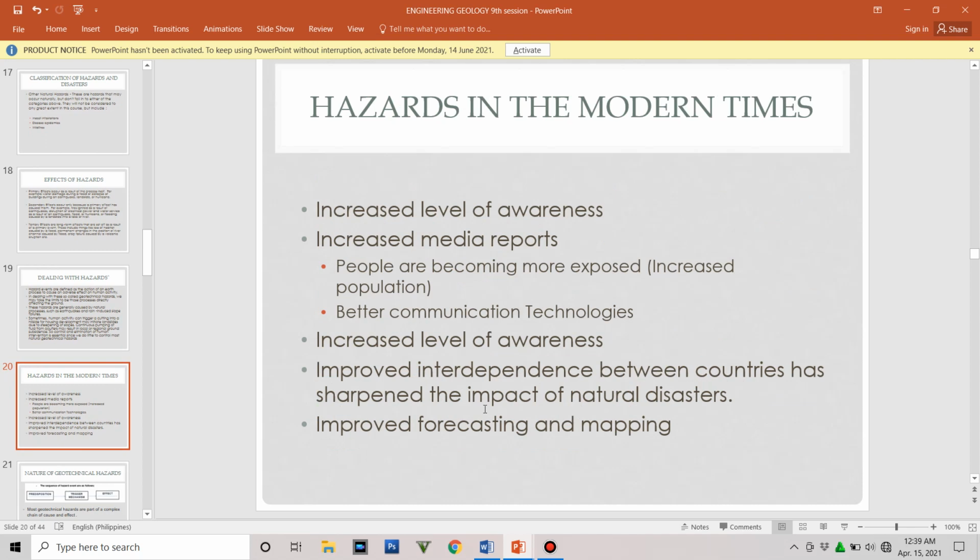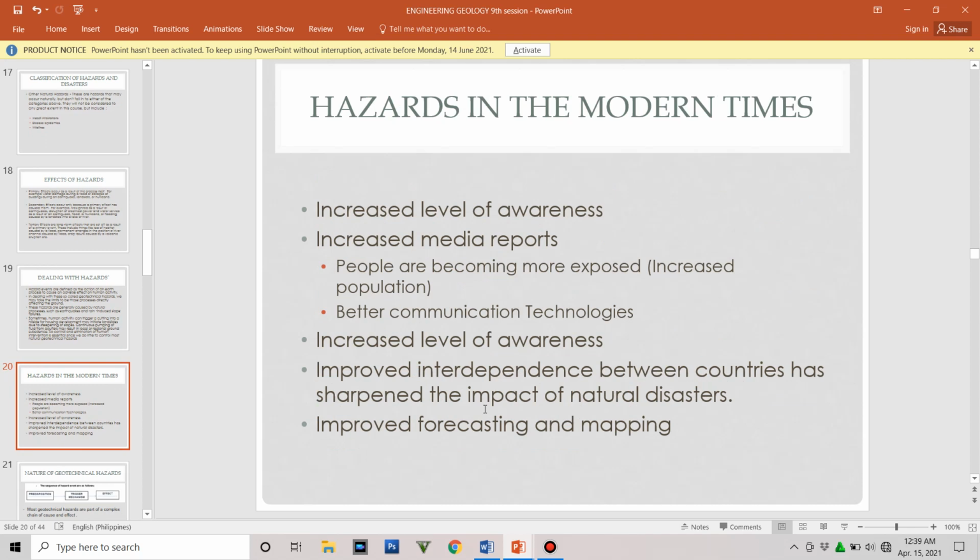And then we also have better communication technologies and greater interdependence among countries. So with this, we have an increased level of awareness, and we also have increased media reports.